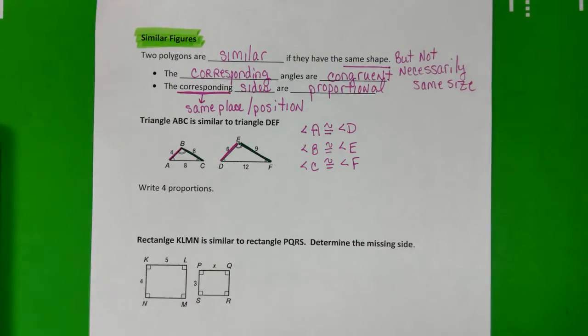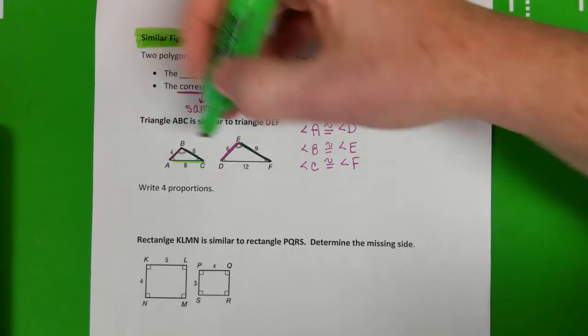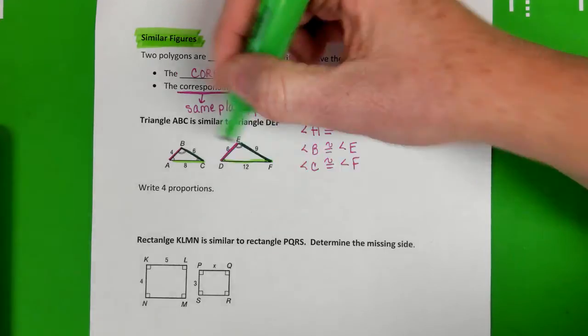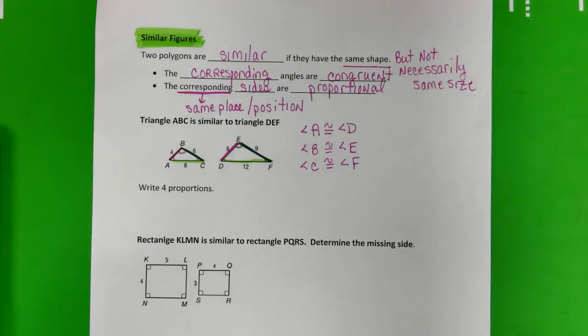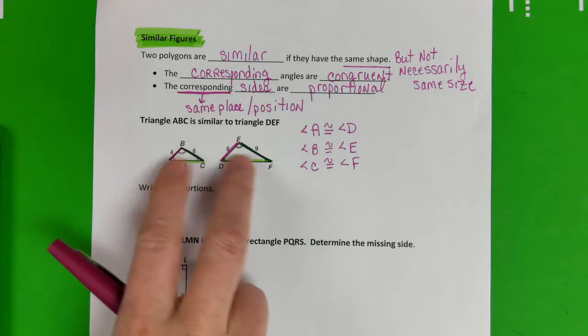And then AC goes with DF. Those different colors are showing you your corresponding sides. And so we can write lots and lots of different proportions for these two similar shapes.